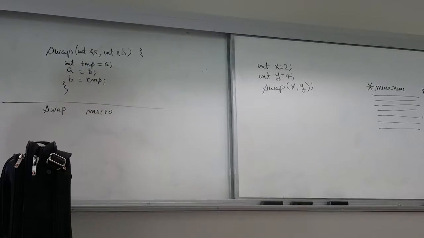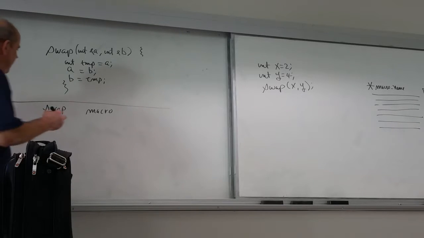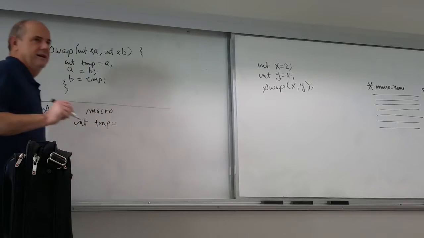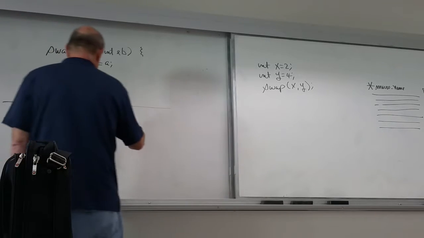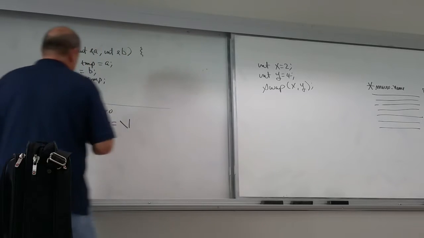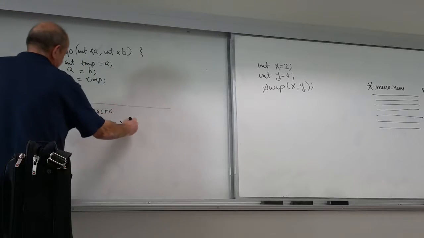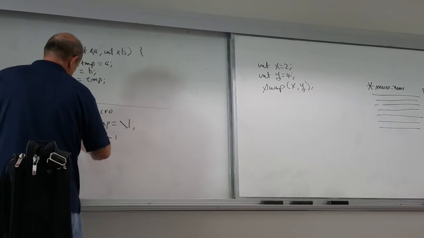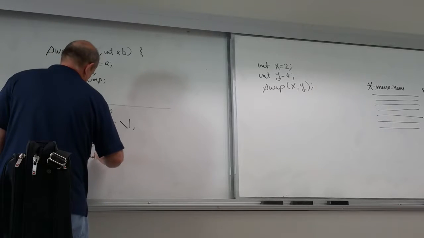Okay, help me write this. We'll go ahead and use C++, but we'll use the conventions for this macro preprocessor. int temp = \1; \1 = \2; \2 = temp.